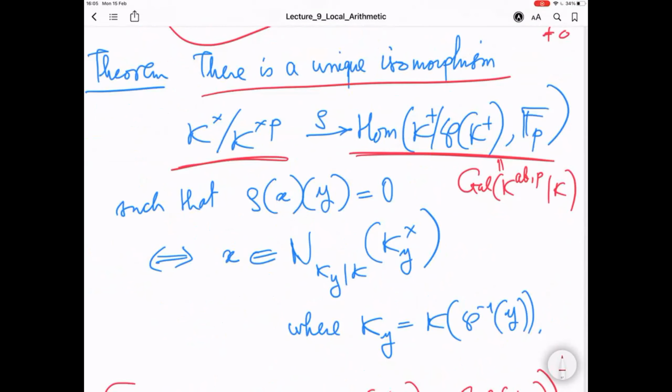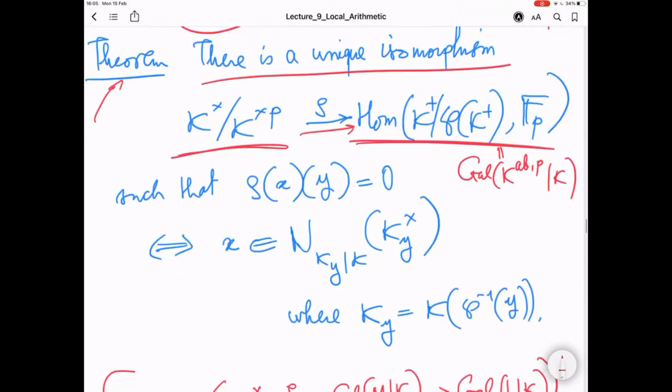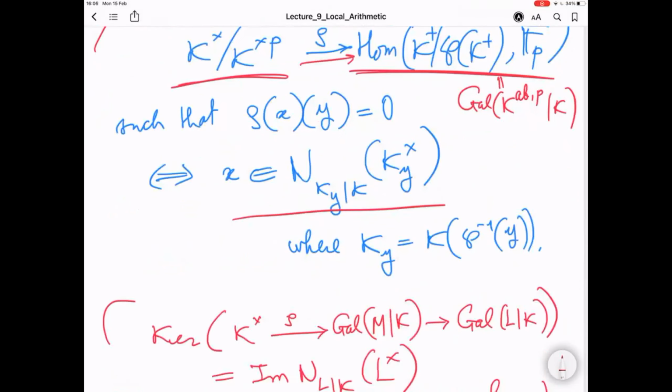So the theorem here says that there's a unique isomorphism rho from here to here.